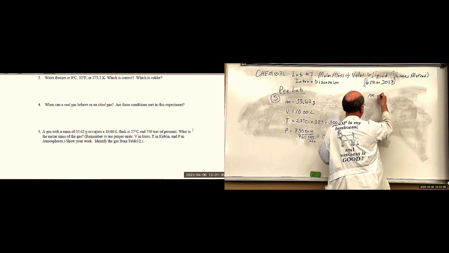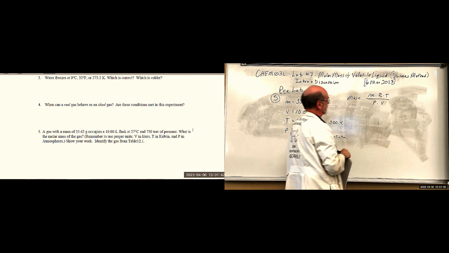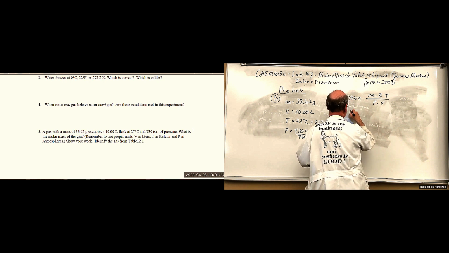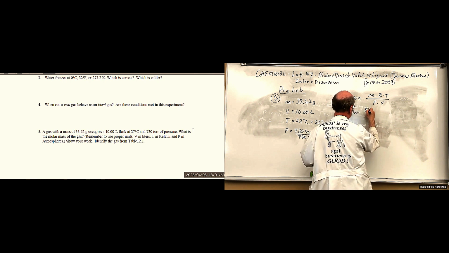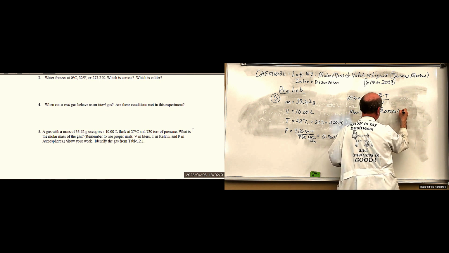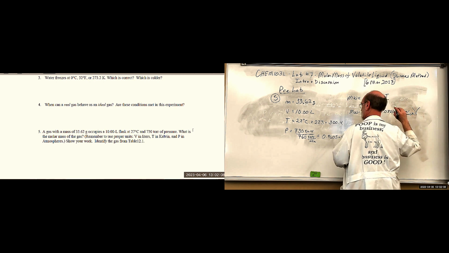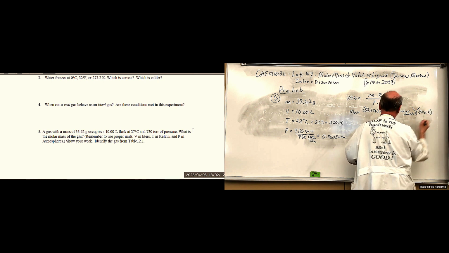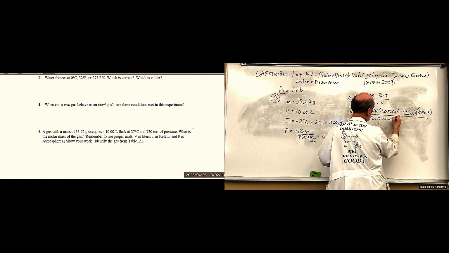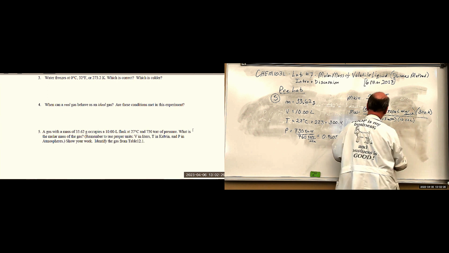Mass times R times T divided by P times V. So, molecular weight equals 33.62 grams, and R is 0.08206 liter atmospheres per mole K, and temperature is 300 divided by 0.9605 atmospheres, and volume 10 liters. Here we go.